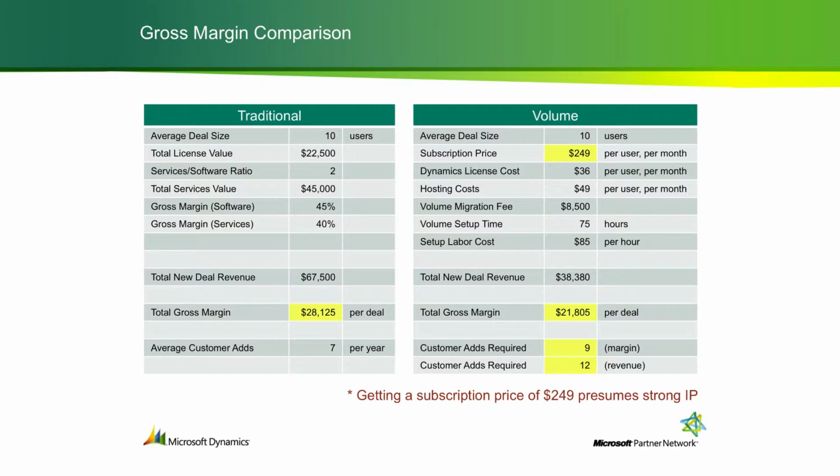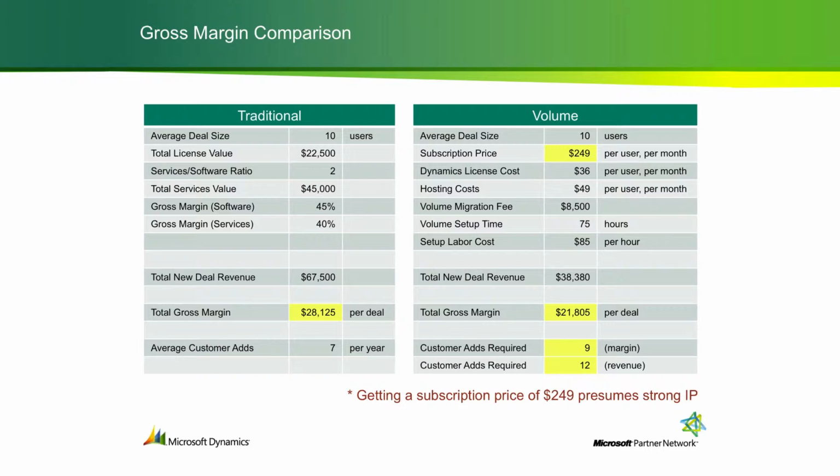Now, let's look at what that margin picture and revenue picture looks like if you take that same 10-user deal as a cloud or a volume-based transaction. And let's say you charge a subscription price of $249 per user per month, which, the note on the bottom in red, really presumes that you have some strong IP that you can bring to the equation that really justifies that kind of price point.